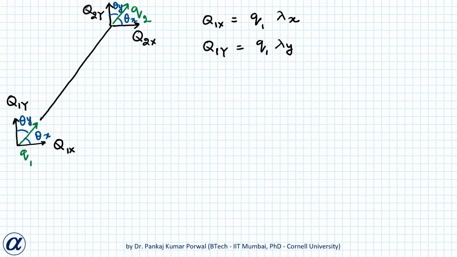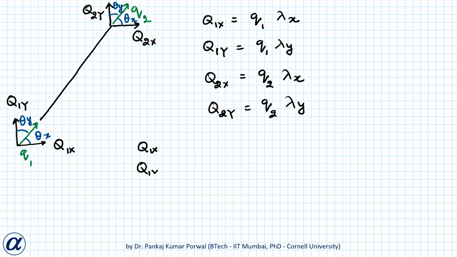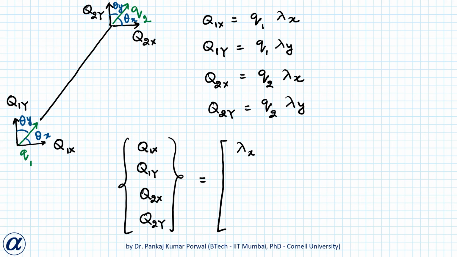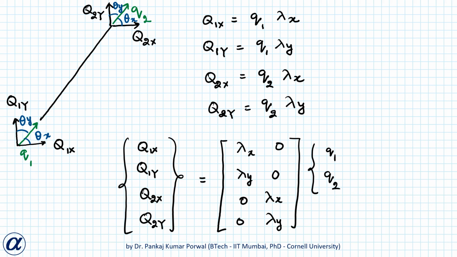And similarly for node 2, Q2x equals q2 lambda x, Q2y equals small q2 lambda y, and these equations can also be written in matrix form, and that will be Q1x, Q1y, Q2x, Q2y equals lambda x 0, lambda y 0, 0 lambda x, 0 lambda y, times small q1, small q2.